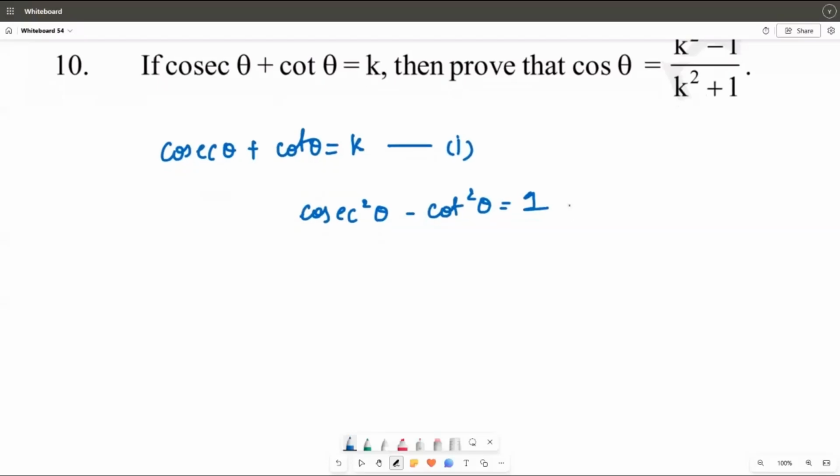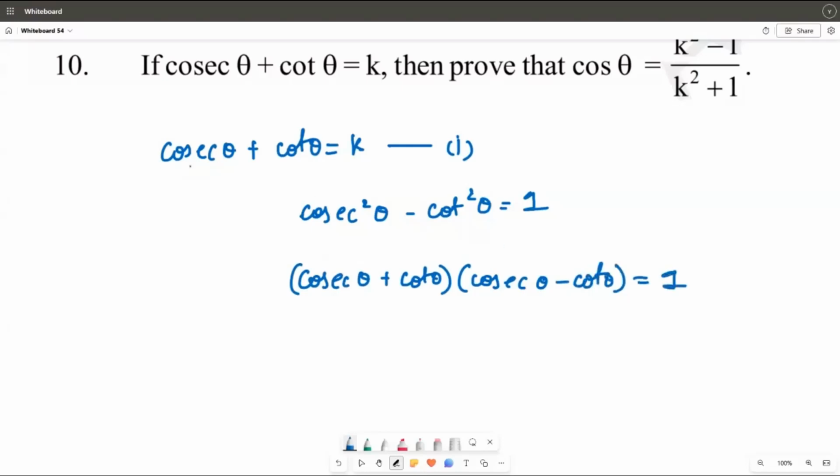Similar to the ninth question, I can divide this into two different parts, that is a plus b into a minus b, the given being a squared minus b squared. So I can write it as cosecant theta plus cot theta into cosecant theta minus cot theta, which is equal to 1.